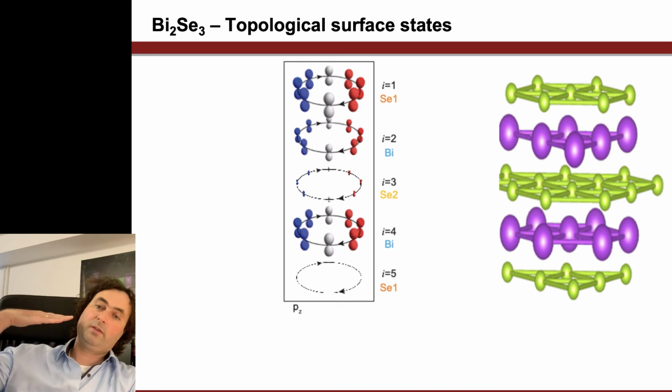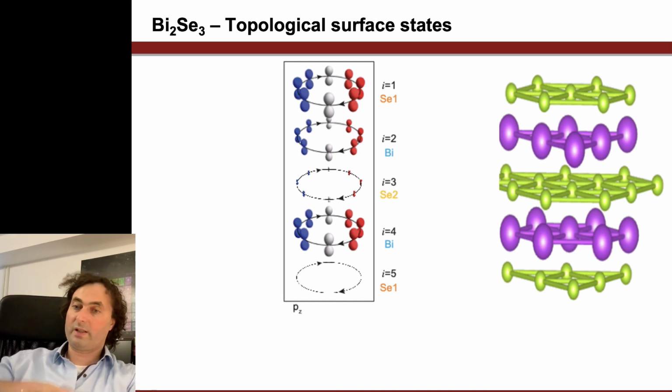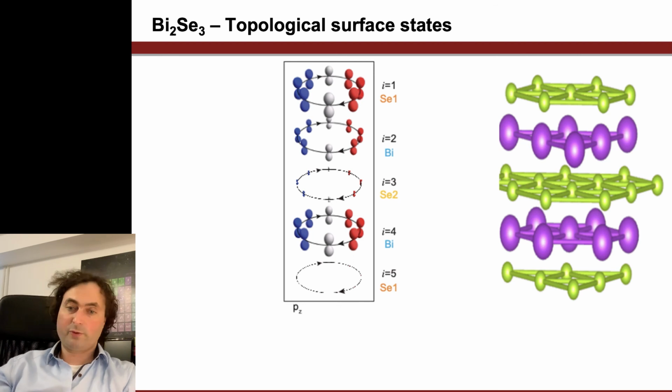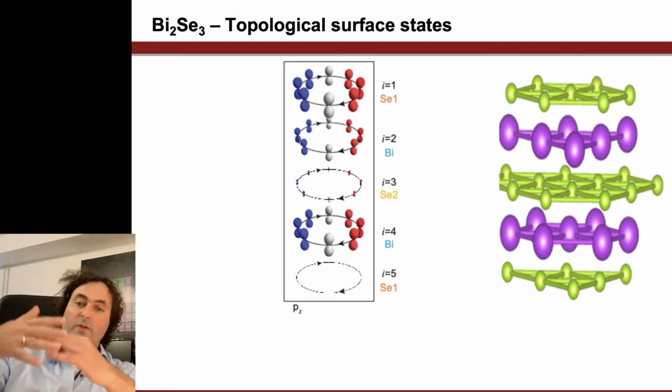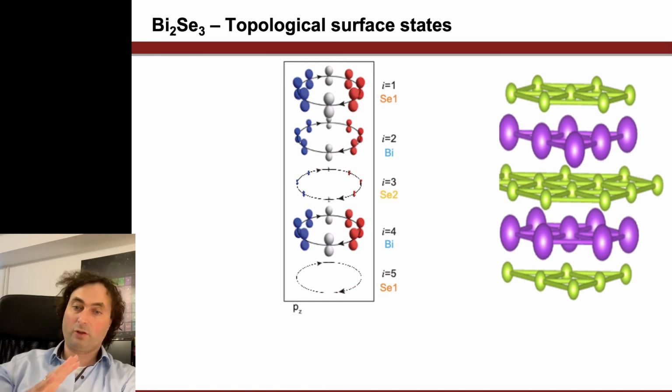So this is not a delta function as a function of kz, but your wave function has some shape. It's bound to the surface, so when you get deep inside, it's nicely exponentially decaying, but you take a few layers, a layer of 5 or so, before that wave function is formed.